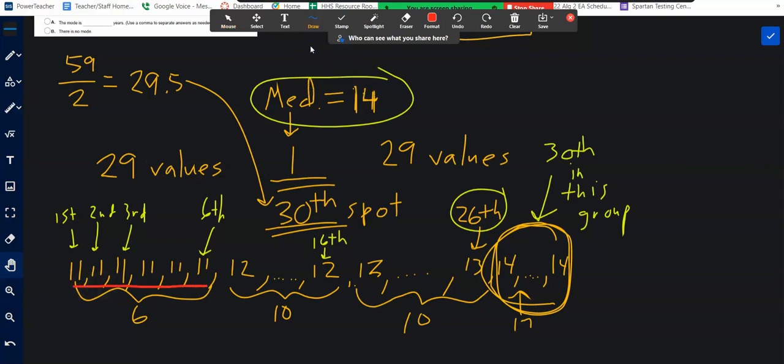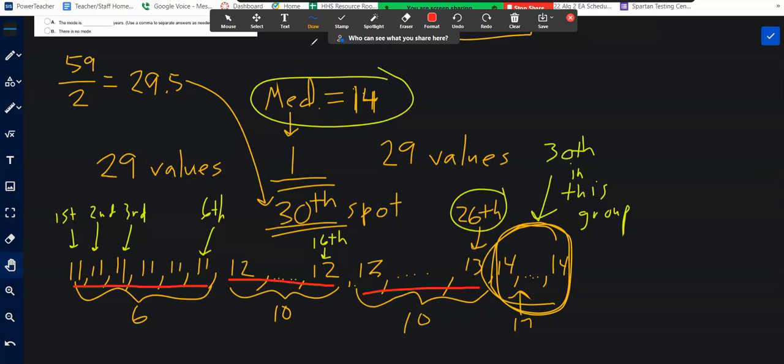Well, we got 11 6s. That does not contain the 30th spot. Next, we've got 10 more numbers that are all 12s. So now we're up to 16 different numbers. That is not the 30th spot. Then we have 10 more numbers. Those are all 13s.